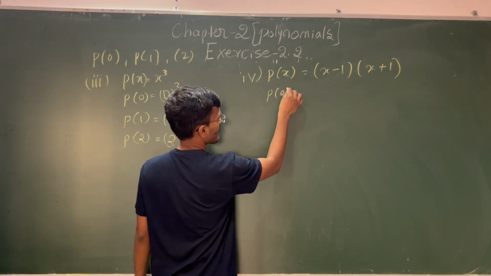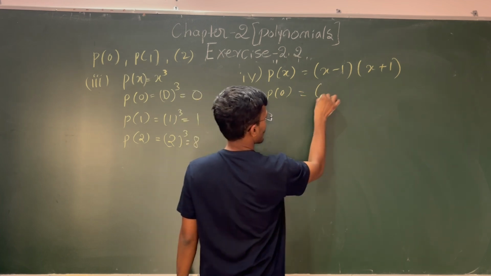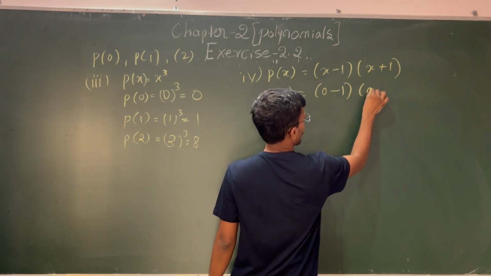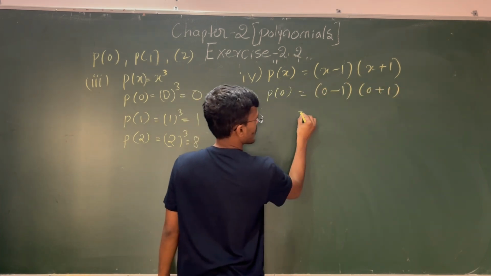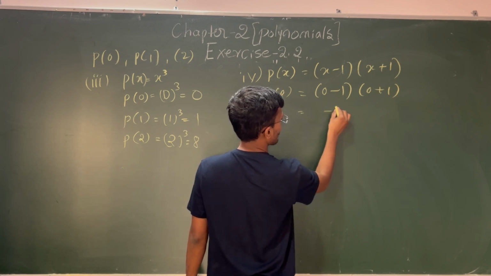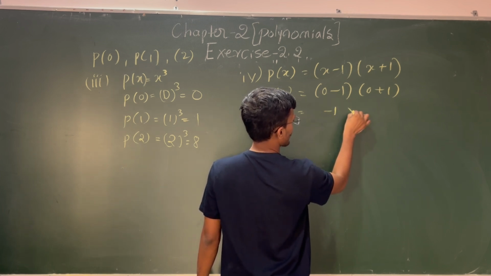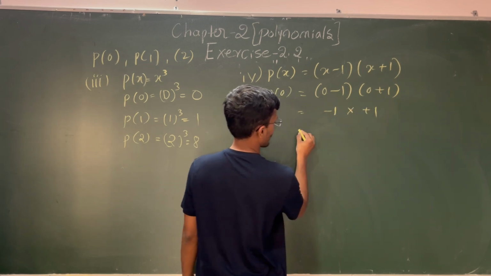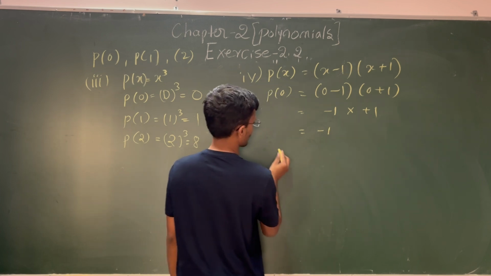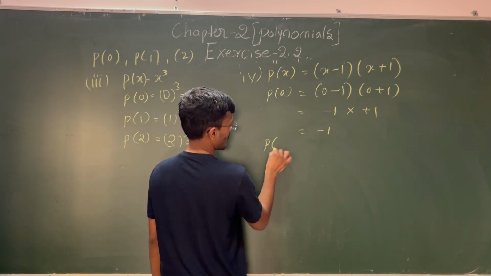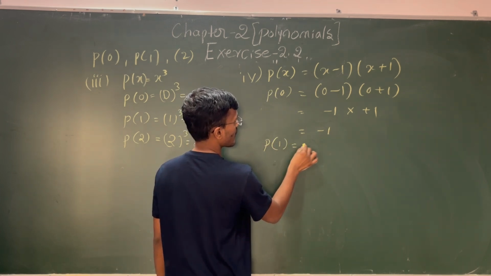P of x is x minus 1 into x plus 1. Here there is a 0, so 0 minus 1 and 0 plus 1. So open the bracket, minus 1 into plus 1. So the answer is minus 1. Now next, P1.